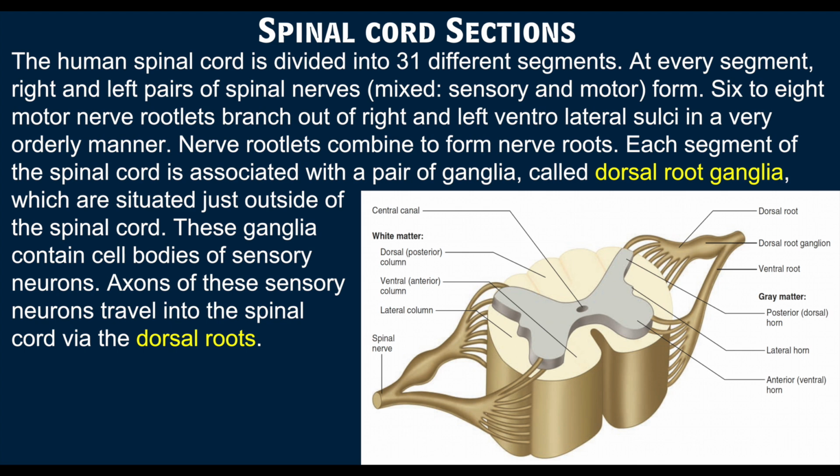Nerve rootlets combine to form nerve roots. Each segment of the spinal cord is associated with a pair of ganglia called dorsal root ganglia, which are situated just outside of the spinal cord. These ganglia contain cell bodies of sensory neurons. Axons of these sensory neurons travel into the spinal cord via the dorsal roots.